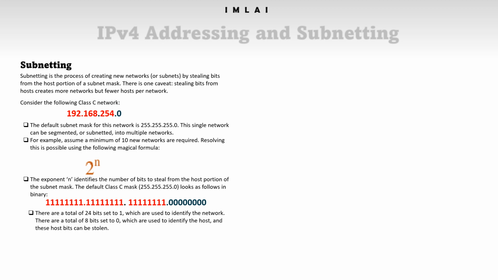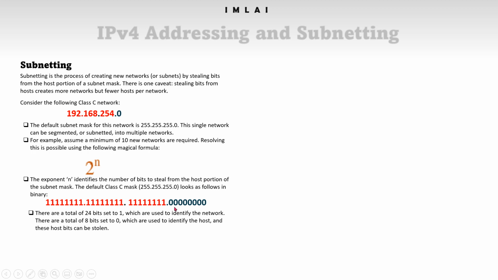Stealing bits essentially involves changing host bits that were set to 0 in the subnet mask to network bits, that means setting them to 1. To put it simply, you have 24 ones and 8 zeros.